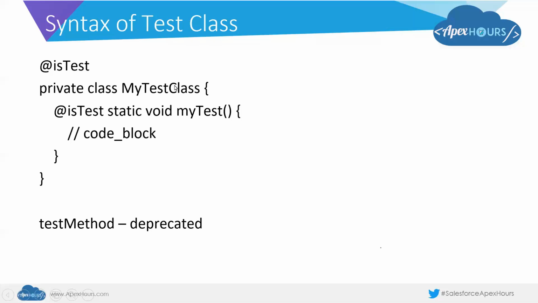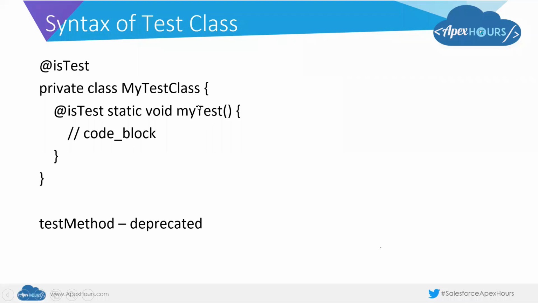And inside test classes, you will have multiple test cases, some for positive testing, some for negative testing. For creating test methods, you have a simple syntax: @isTest, then a static keyword, void, which means our test method is not returning anything to the system.